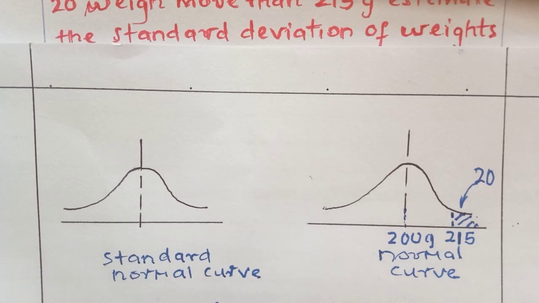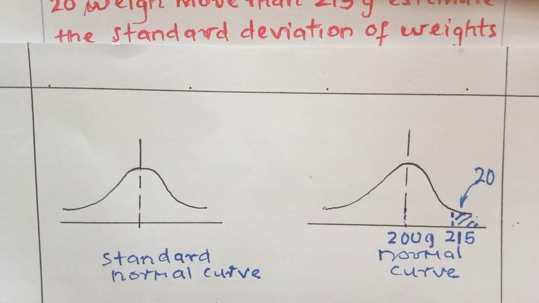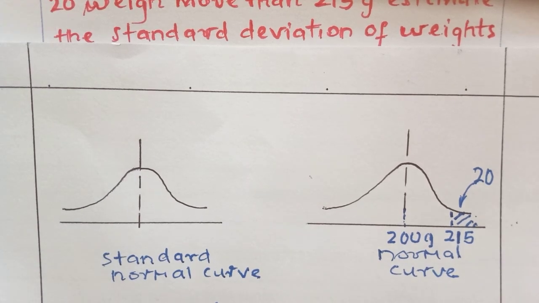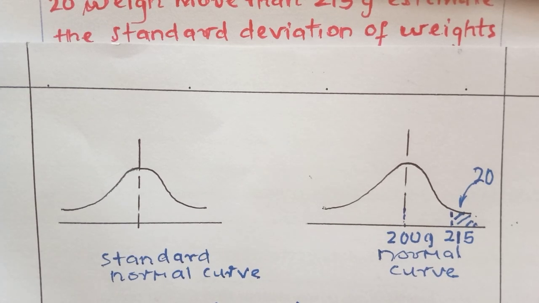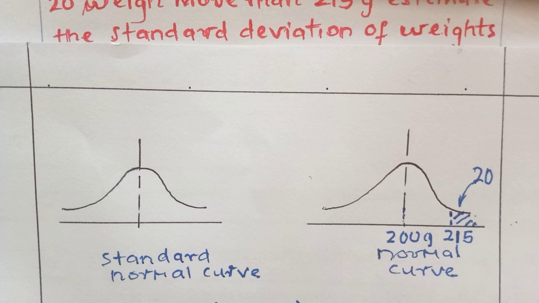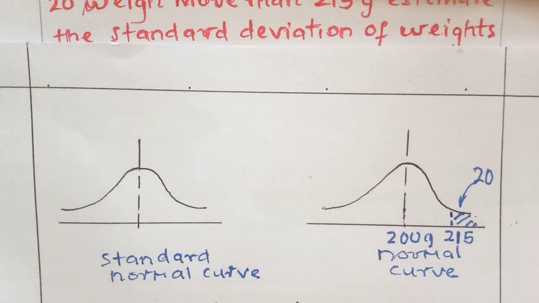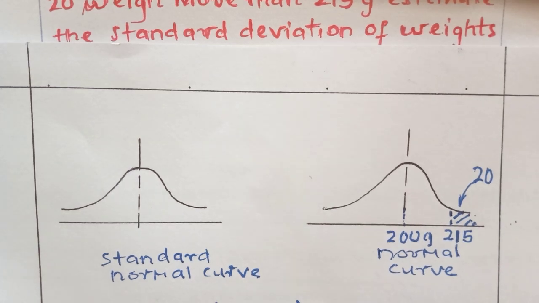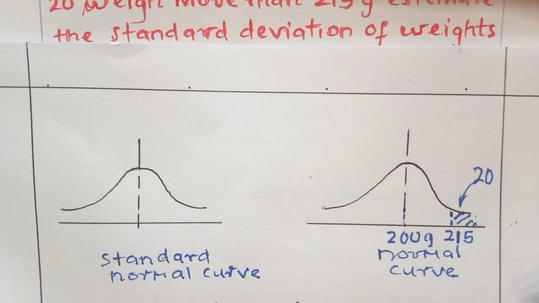This is going to be 20 all over 300, the probability that they are more than 215.